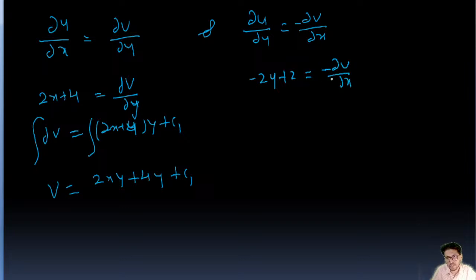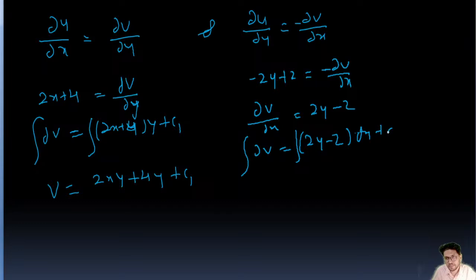So del v over del x is going to be 2y minus 2, and dv is going to be (2y minus 2) dx. Integrating plus c2, v equals 2yx minus 2x plus c2.